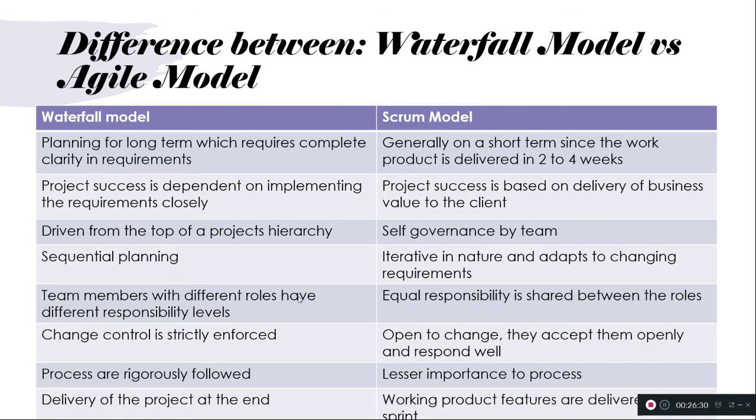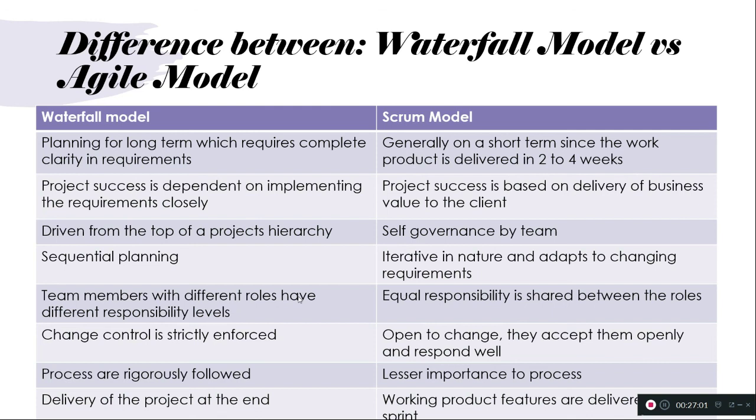There will be delivery head, senior project manager, testing manager, and the architect, the leads, developers, testers. So a lot of hierarchy is followed in waterfall model. But in Scrum model, there is self-governance by the team. The team will work together and create a shippable product.